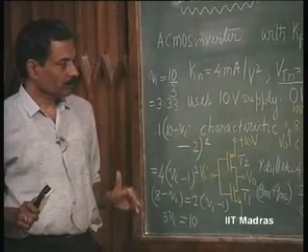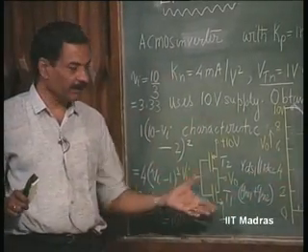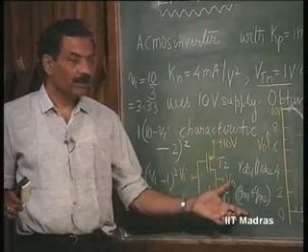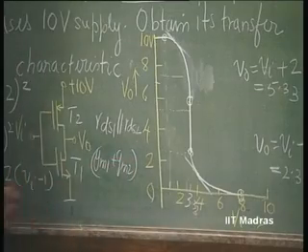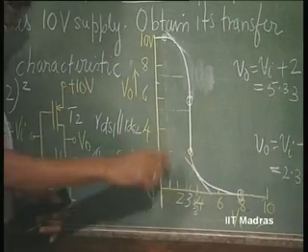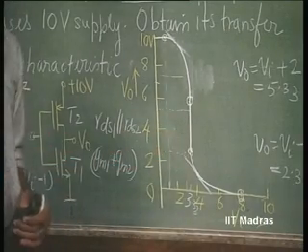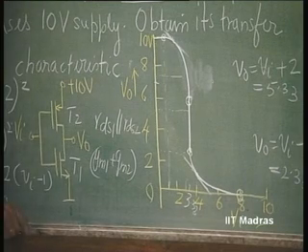So, we have understood how this can be used in an inverting amplifier with this kind of gain, how it can be used as a digital inverter, and we also know how this current varies with respect to the signal Vi.